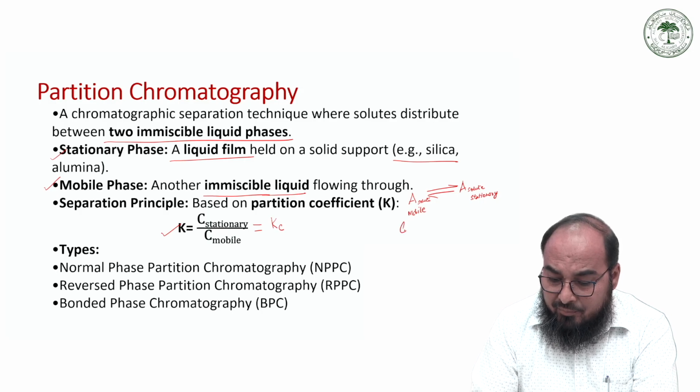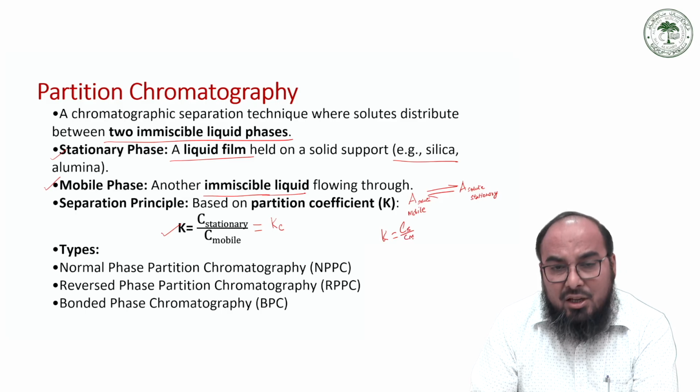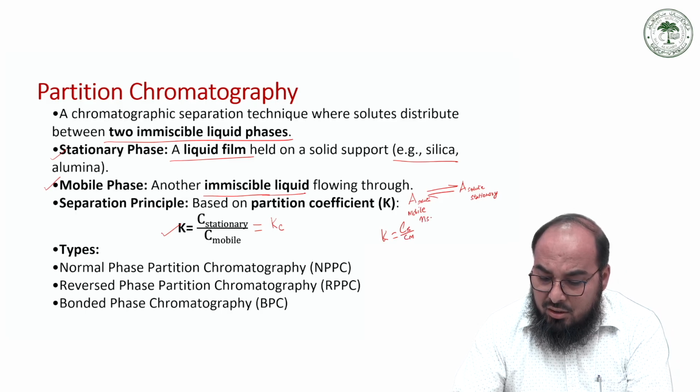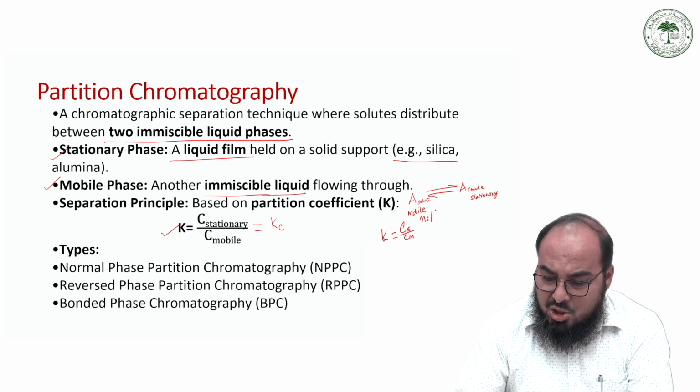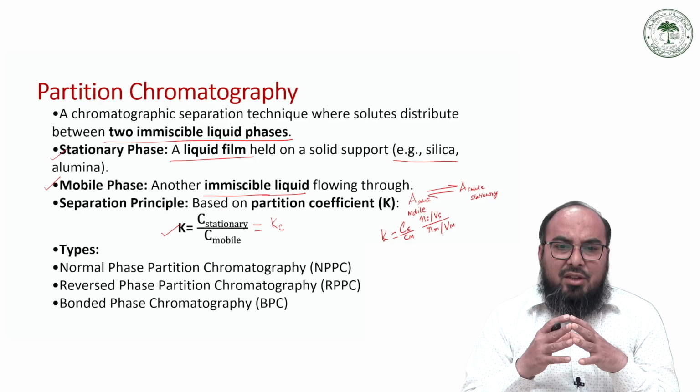So you define K as Cs upon Cm. You can also define it in terms of the number of moles of solute in the stationary phase upon the volume of the stationary phase, upon the number of moles of solute in the mobile phase upon the volume of the mobile phase.